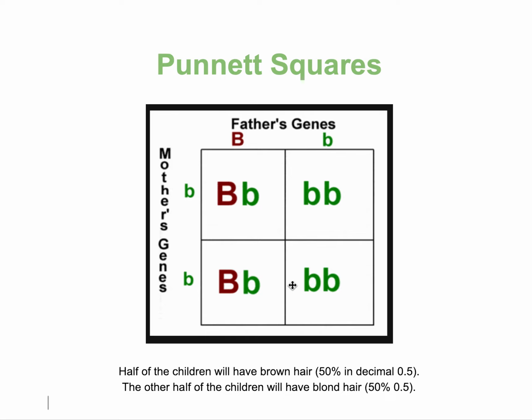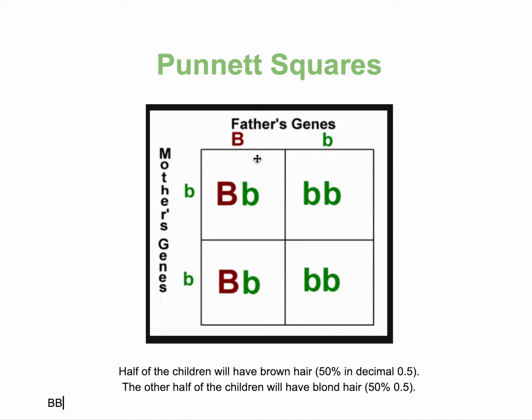These are the combinations. So the parents can't, for example, have a kid that has a gene for hair that is uppercase B, uppercase B. That's impossible because the father can only give the child one uppercase B or one lowercase b, and the mother can only give the child one lowercase b.